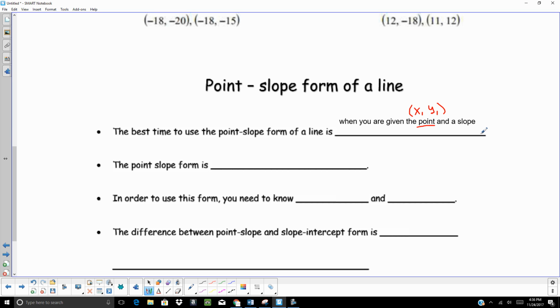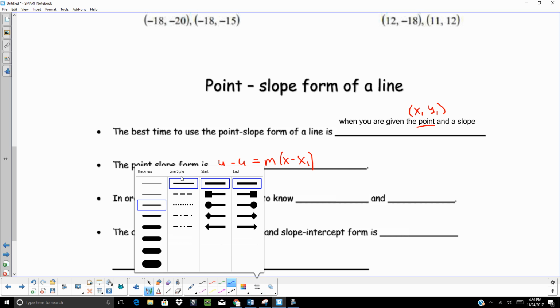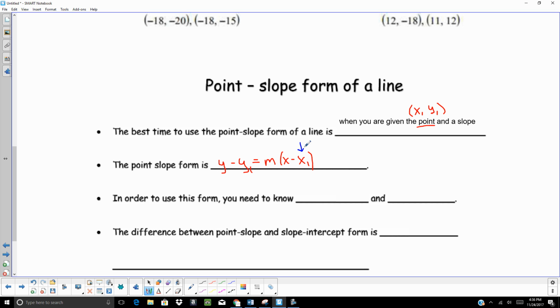So when I talk about a point, I'm talking about an ordered pair, x sub 1, y sub 1. The point slope form is y minus y sub 1 equals m times quantity x minus x sub 1. And what you would actually be substituting in there are your ordered pairs, x sub 1, y sub 1, and your m.